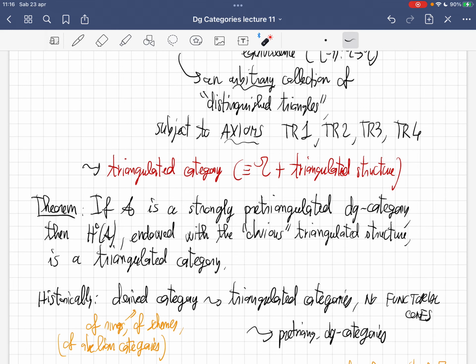For example, as I told you, pre-stable infinity categories, spectral categories, stable derivators. I think with both approaches, the one you like more is the one you will choose.